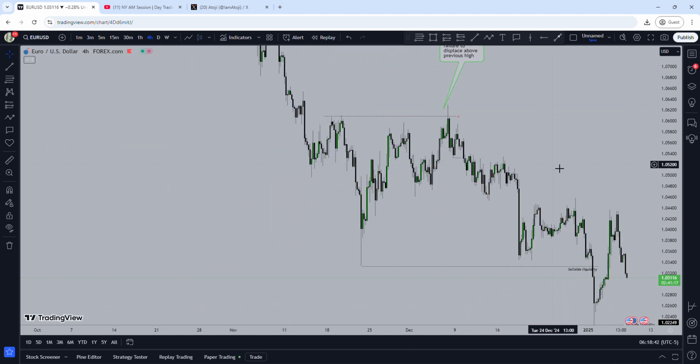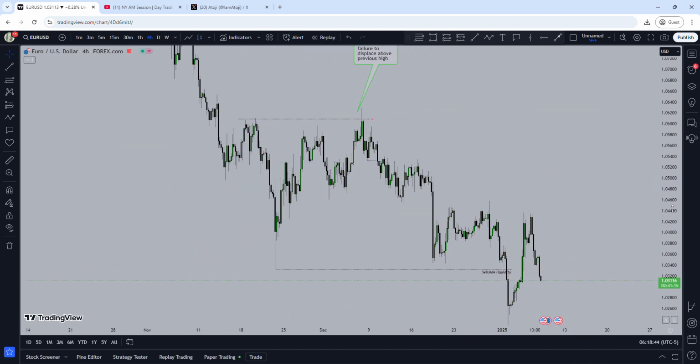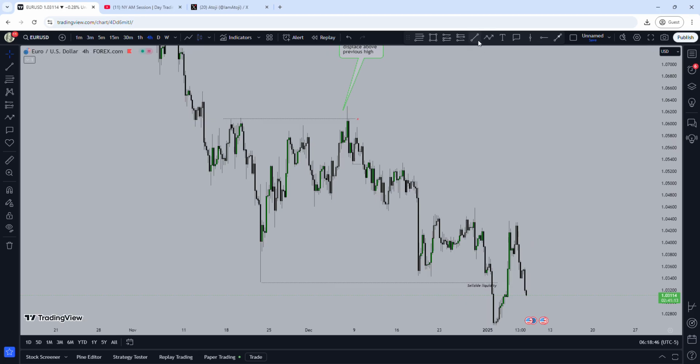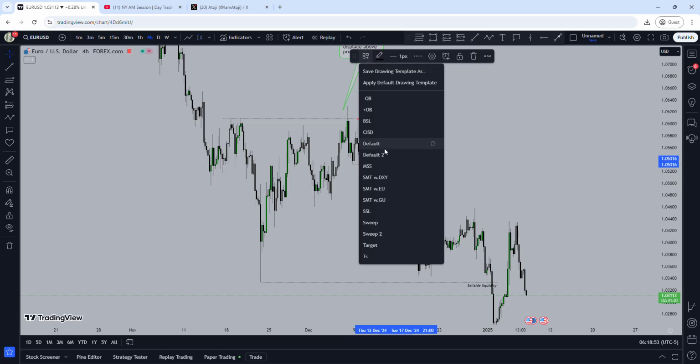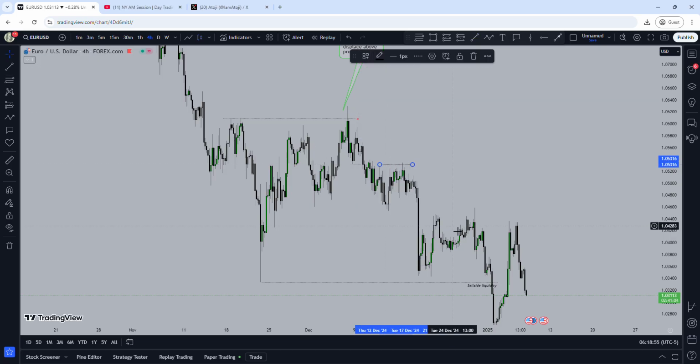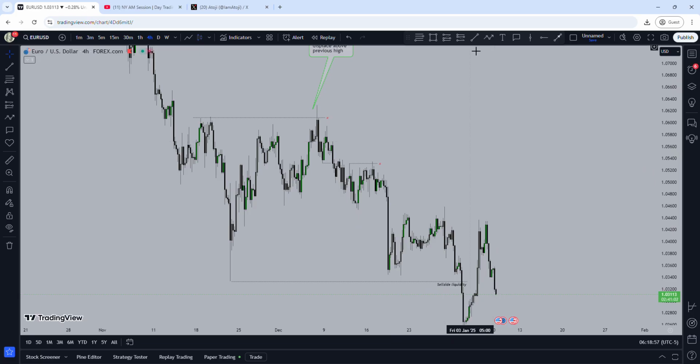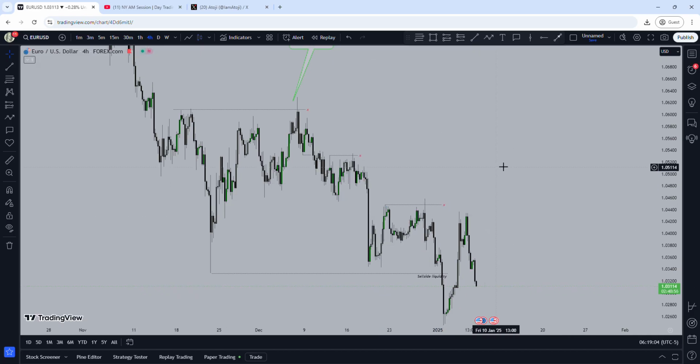But I cannot explain everything in one video, so I'm going to be wrapping up soon. So this is a dealing range. This as well is a dealing range. This as well is a dealing range.